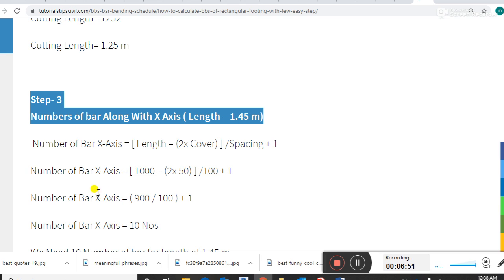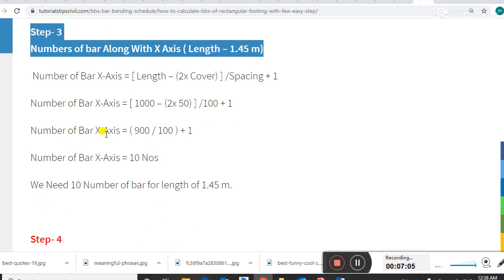Just putting these values into the formula: 1000 minus 2 into cover 50, divided by spacing 100, plus 1. 2 into 50 is 100, 1000 minus 100 is 900, divided by 100 plus 1.